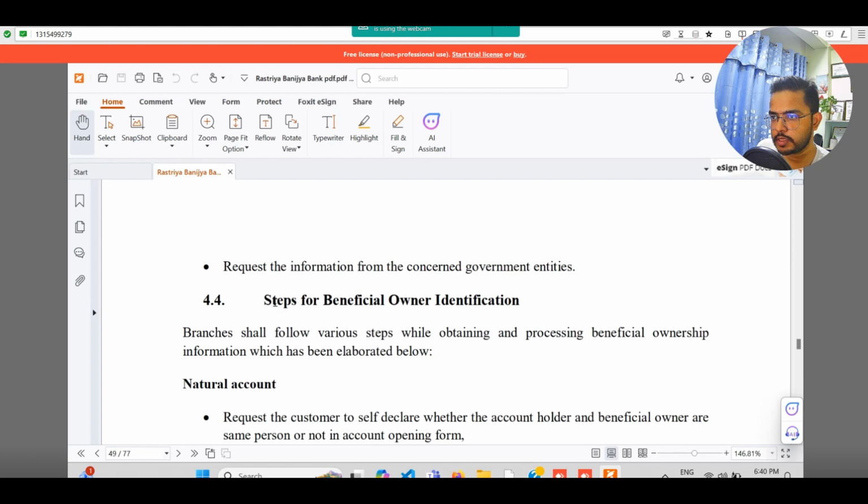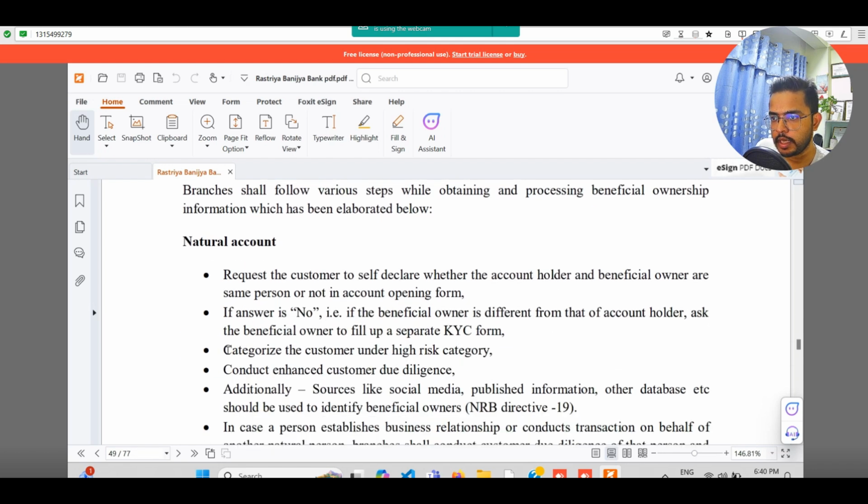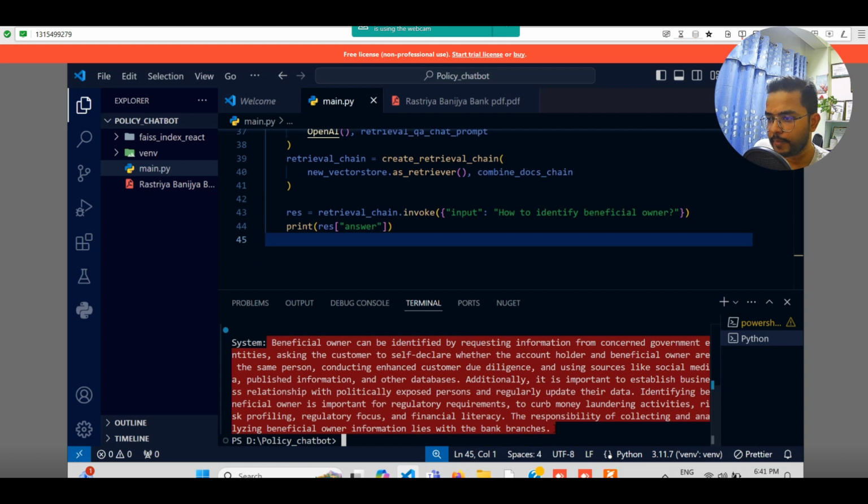Yeah, so these are the steps for beneficial owner identification, and it is saying to categorize the customer under high risk category or conduct enhanced customer due diligence, right? So you can be sure that this information is not coming from other sources. All this information is coming from that policies and manual.